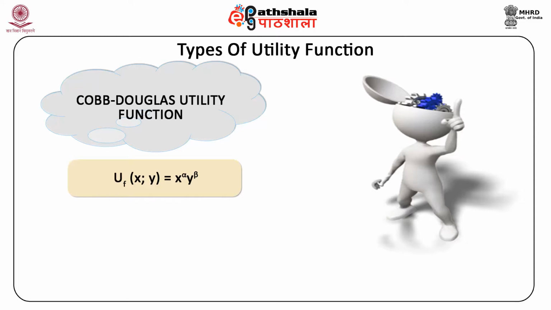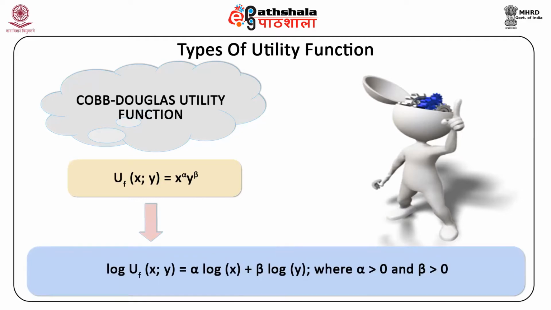Alternatively, using monotonic logarithmic transformation, the Cobb-Douglas utility function could also be represented as log UF(x, y) equal to alpha log x plus beta log y, where alpha is greater than 0 and beta is greater than 0.